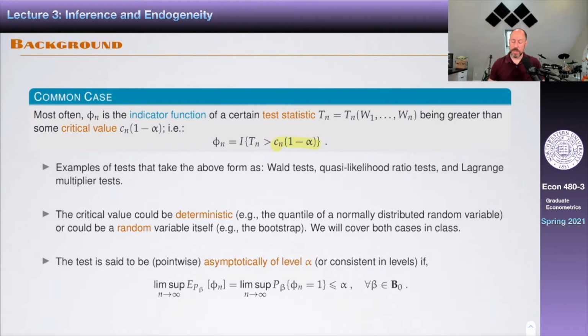This is not the only notion or concept to say that a test works. You'll see words here like pointwise and asymptotically. So you can imagine that there are tests that could be of level alpha in finite samples, that there could be tests that instead of being pointwise are uniformly valid, and so on. We're not going to talk about any of those distinctions here in 480.